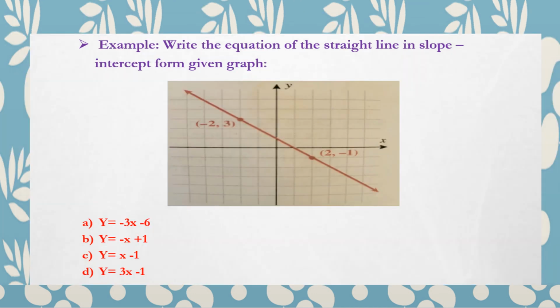Another example, write the equation of the straight line in slope-intercept form from a given graph. From this graph, we can see that the line intersects the y-axis at the point (0, 1).